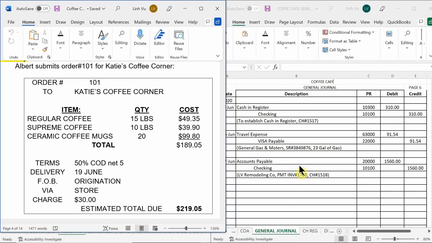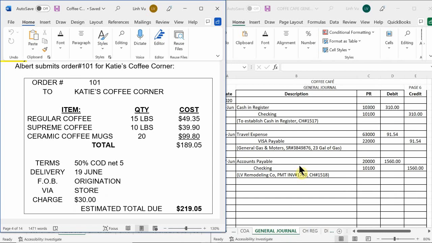Now, let's take a look at the sales order. Do we need to record this in our journal? Not yet, because we haven't ordered it and paid it out or anything. Well, it says terms are 50% COD. So when we deliver it, she has 5 days for the next 50%, right?